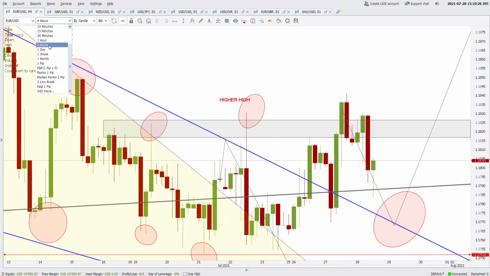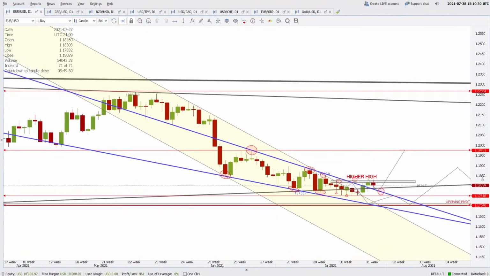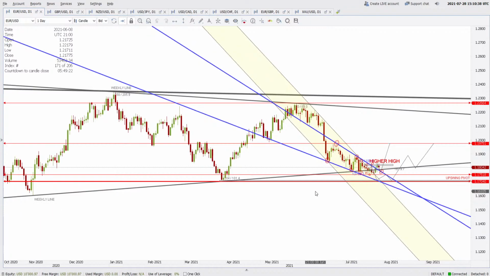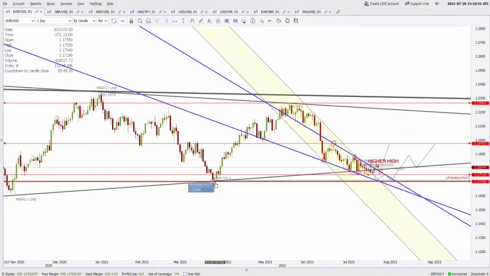But everything said and done, if the pair starts falling from here, where can it go? At max it can go to 1.1704, which we are looking at right now, because it is a great support for the price. See how the price had been rejected from this area all the way back to 1.2266.